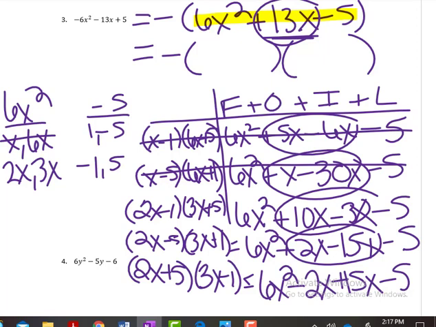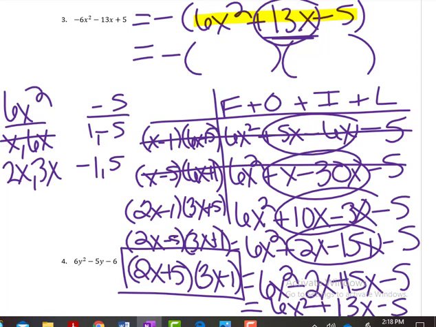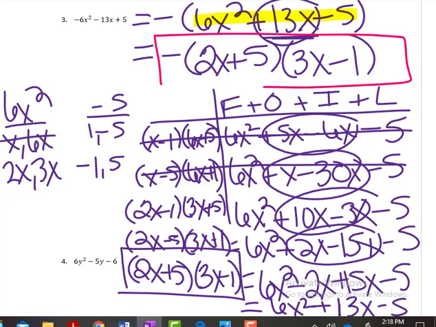Okay, it makes a big difference. So our final answer, we're checking it, and this is exactly what I needed. But I have to remember to put my answer in the right spot. So this 2x plus 5, I'm going to put in here 2x plus 5, 3x minus 1. And the answer has to be with that negative that we originally took out.